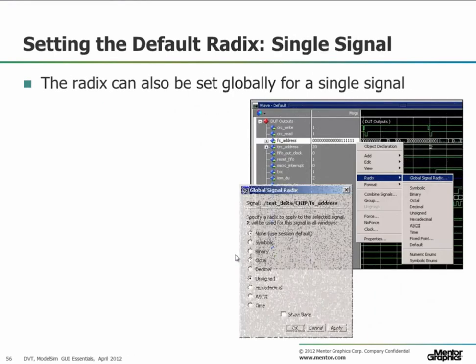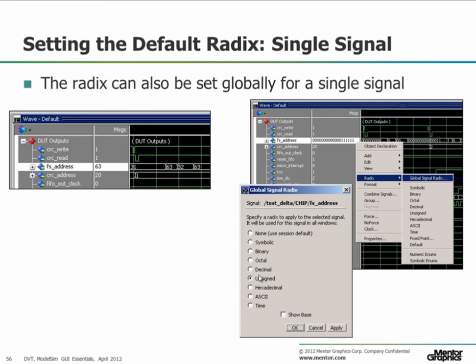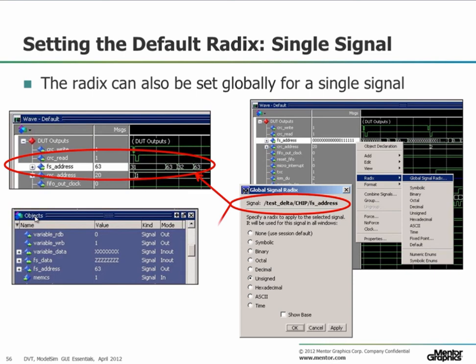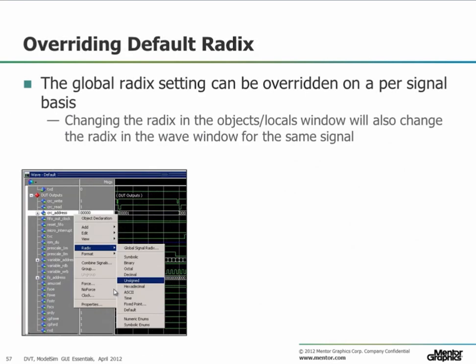Now, once I have a particular signal, I can right-click on this FS address and set a global signal radix just for that signal. In this case, I'm going to call it unsigned. What that will do is show it in the wave window as unsigned. It will show in the objects tab as unsigned. It will show in any other place as unsigned.